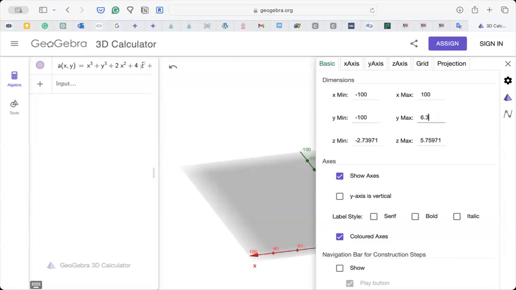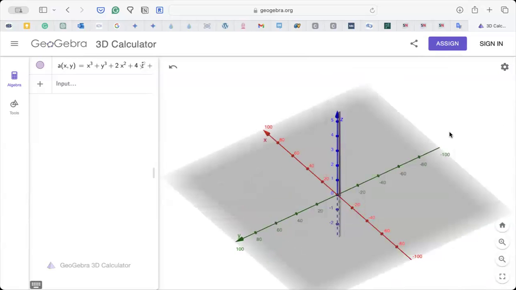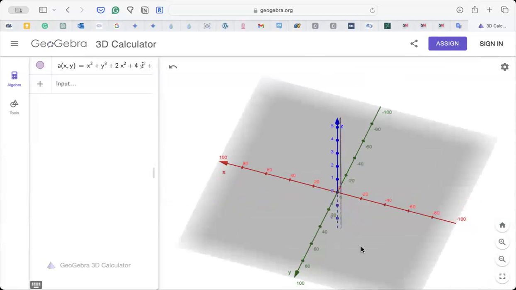Where's our extreme point? Just one moment. It looks ugly.